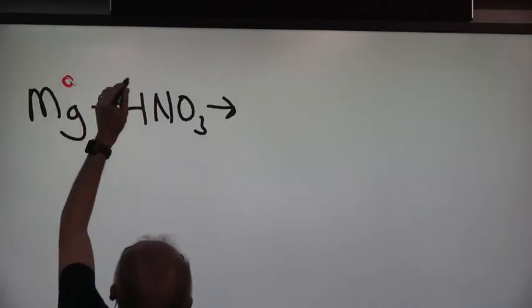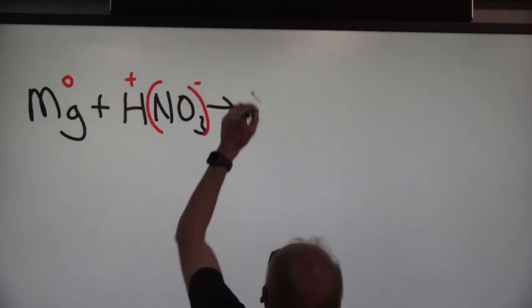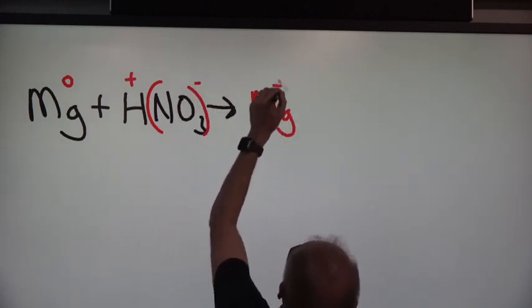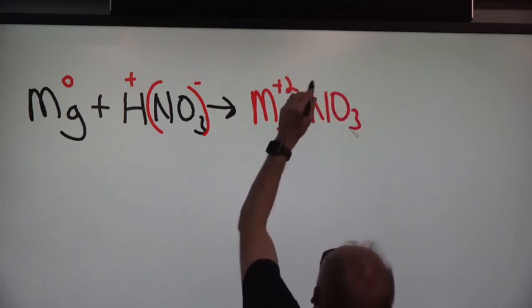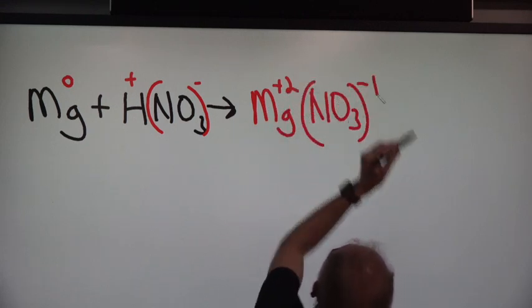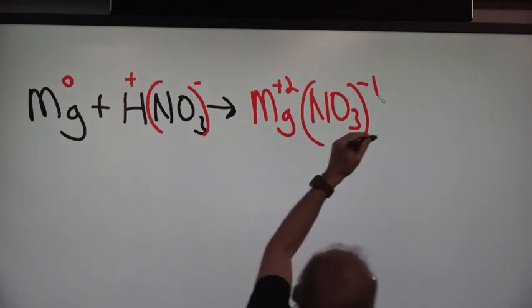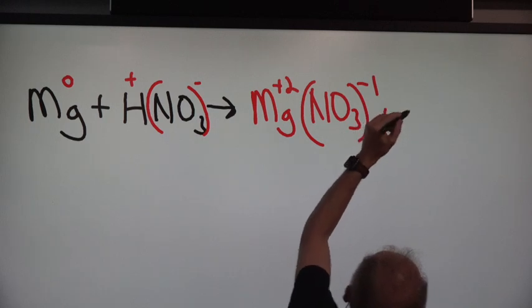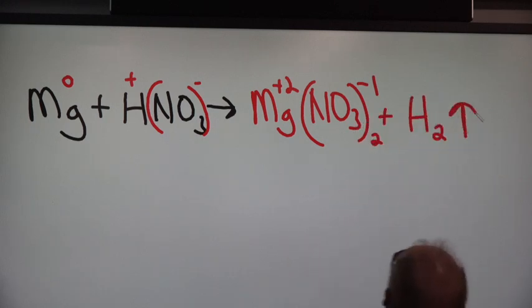Neutral, metal, this is plus, this is a minus, so it's Mg plus 2, NO3 minus 1. You know that doesn't work because they don't equal 0. Crisscross, 2 plus, H2 gas given off.